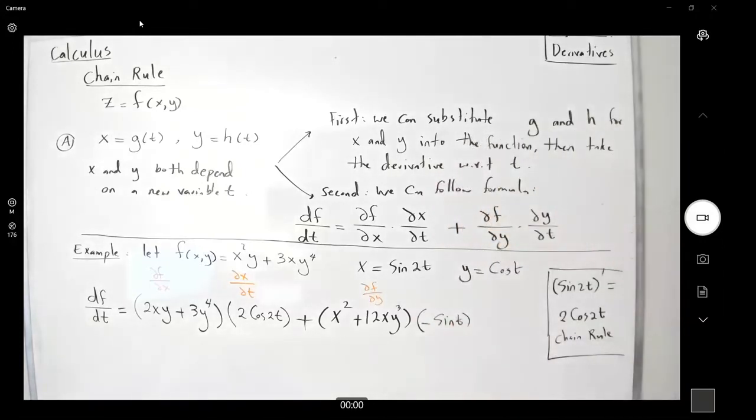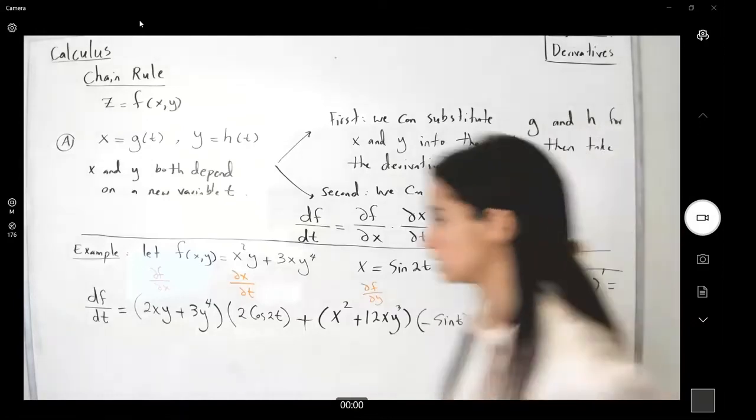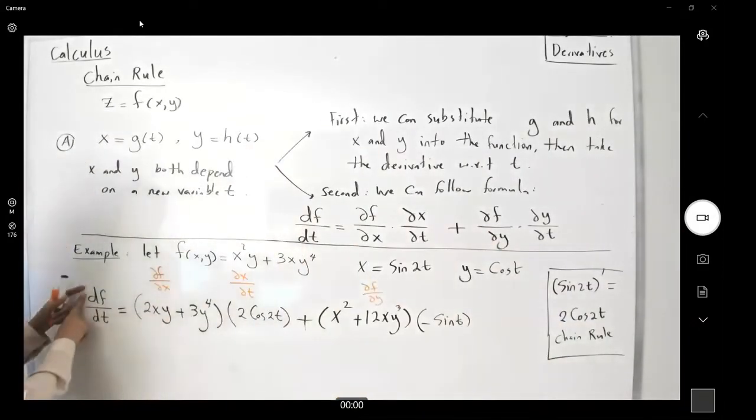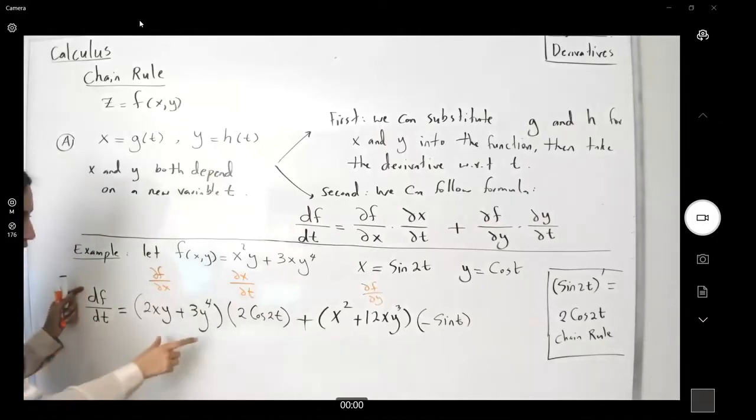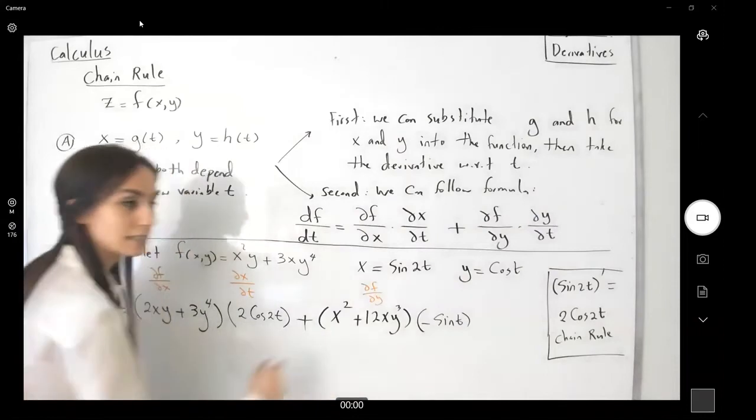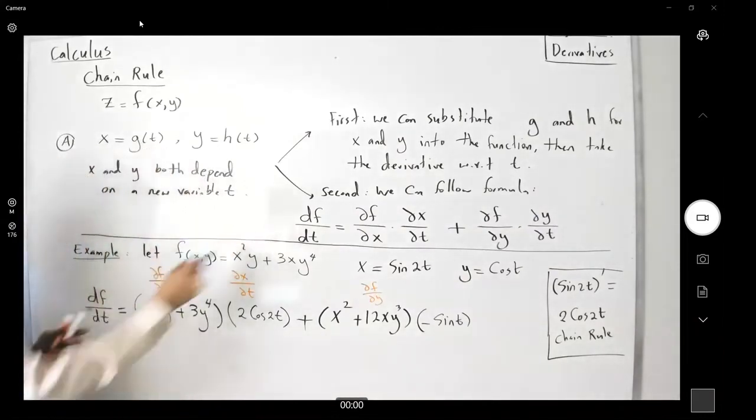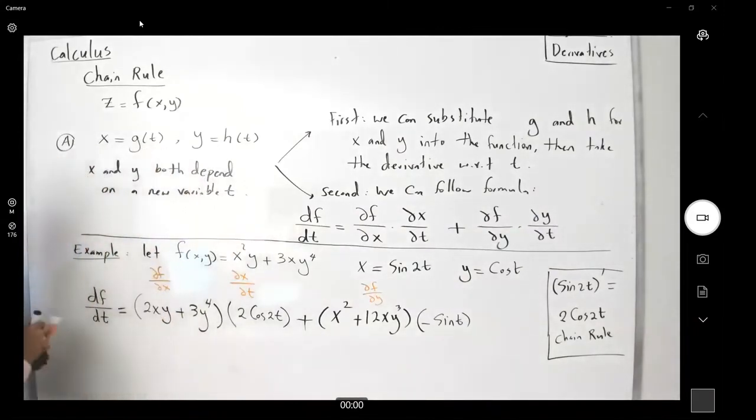Well, we don't stop here. Why is that? Because we wanted to take the derivative of f with respect to t, but here you see variables x and y. We have to do the substitution.